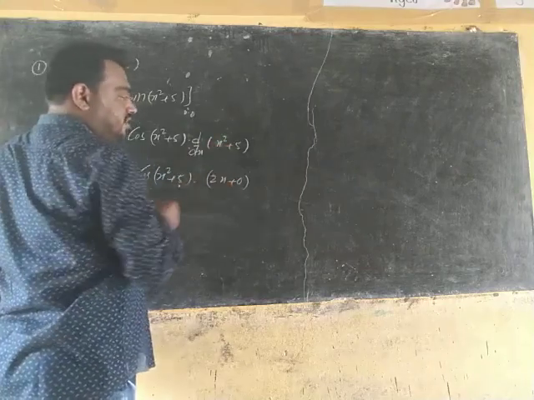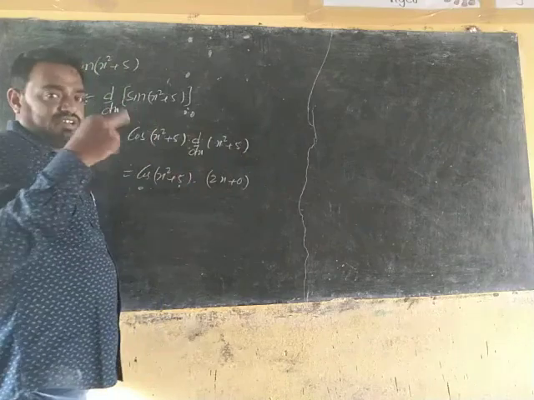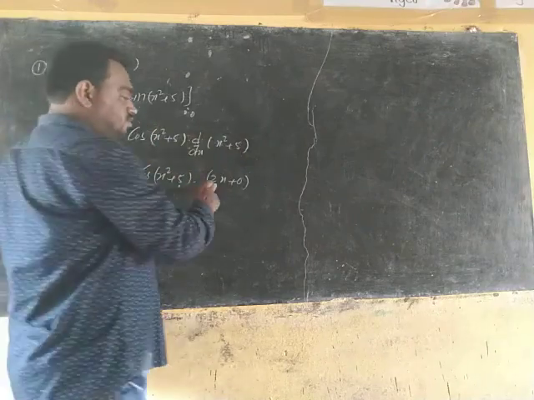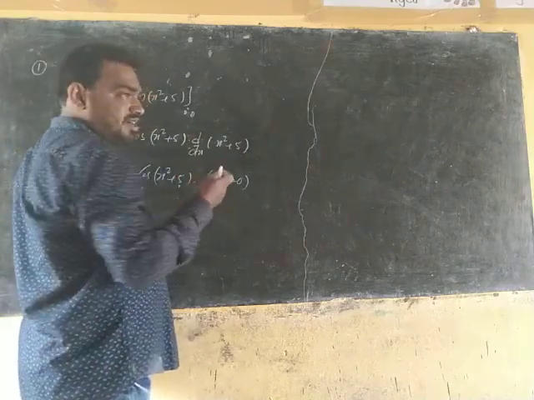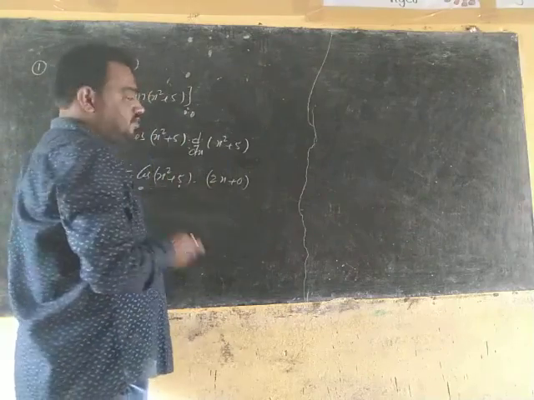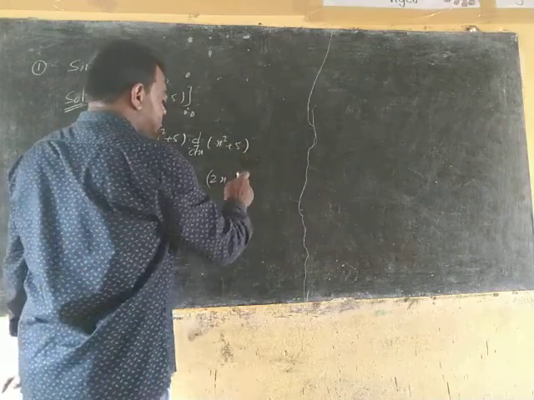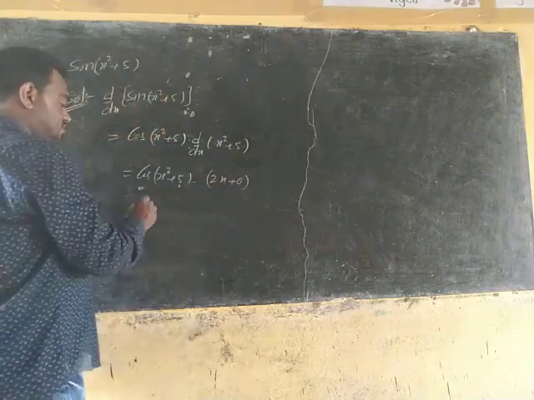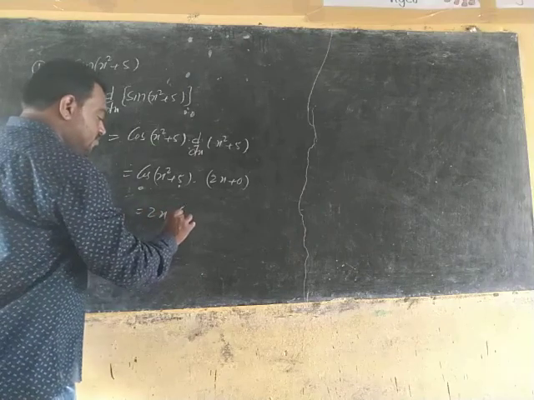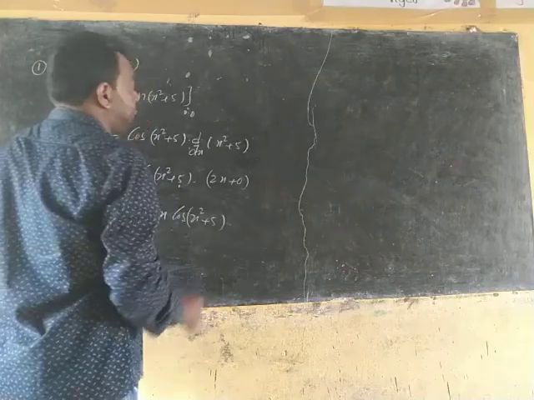Derivative of x square is 2x. How? x power n derivative is n into x power n minus 1. So 2 into x power 2 minus 1, 2 minus 1 is nothing but 1, x power 1 is x only. Derivative of 5, 5 is constant, constant derivative is 0. 2x plus 0, 2x. So this is equals to 2x into cos of x square plus 5.